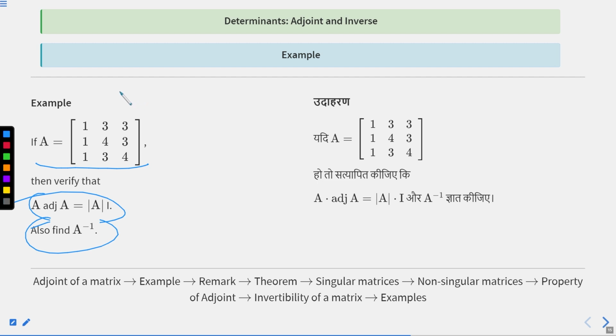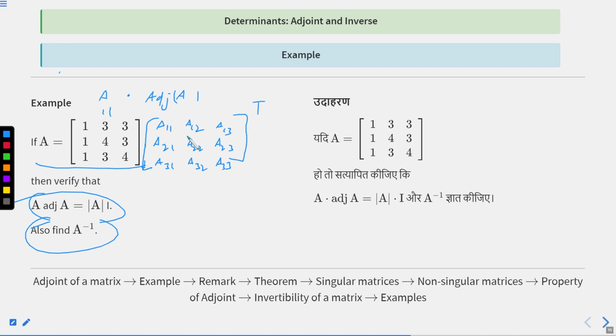Now, we already know A. Let us find the adjoint of A. A is here, adjoint of A will be here. For the adjoint of A, you all know, I need A11, A12, A13, the whole transpose, A21, A22, A23, A31, A32, A33.